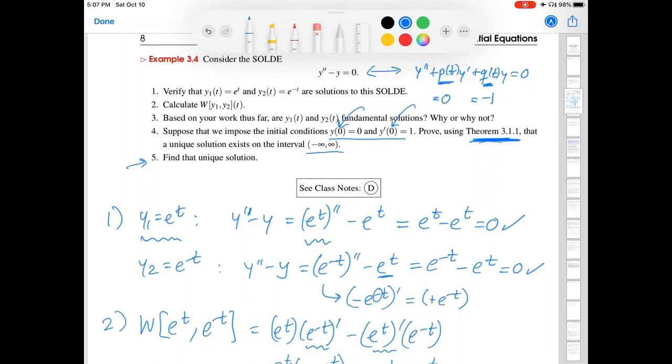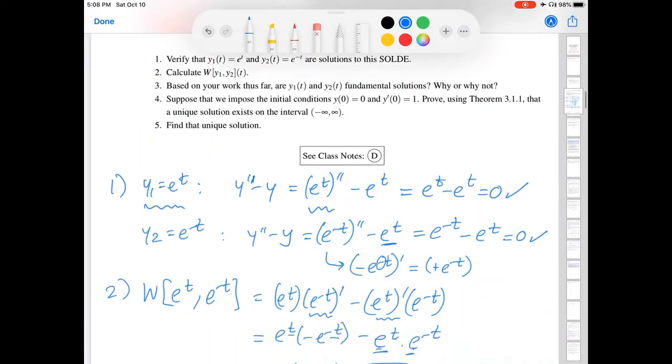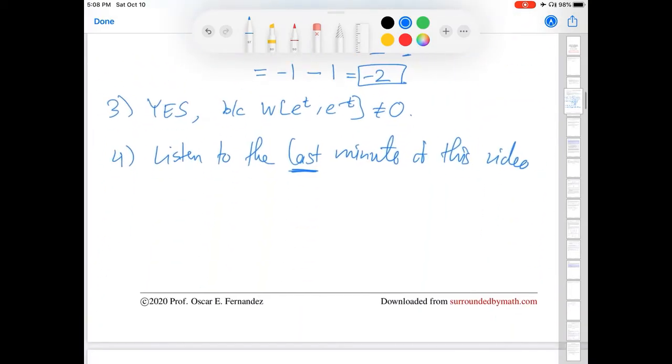Finally, find that unique solution, right? The theorem tells us that we know a unique solution exists. There must be one. How do we find that unique solution? We are going to apply the same procedure that we applied in the previous example in this lesson. To find that solution, I know from theorem 3.1.2 that y of t equals the linear combination of the 2 known solutions.